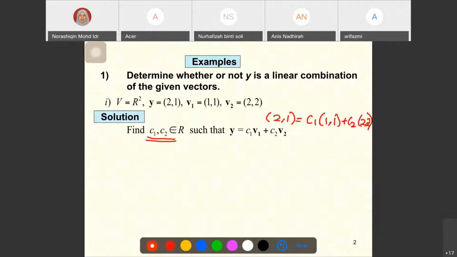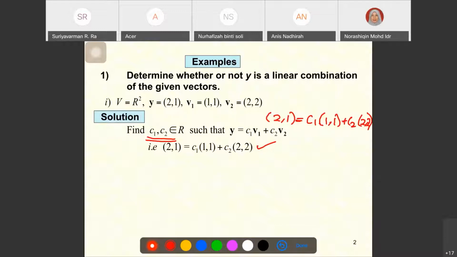It becomes (2, 1) equals (C1 plus 2C2, C1 plus 2C2).